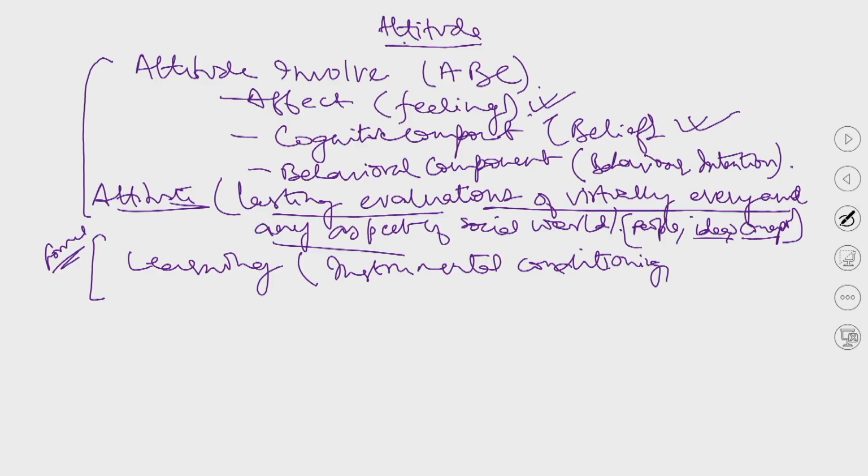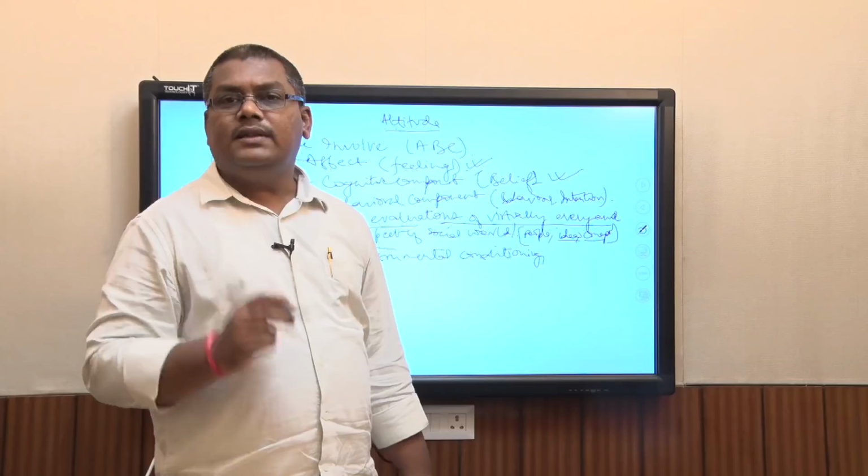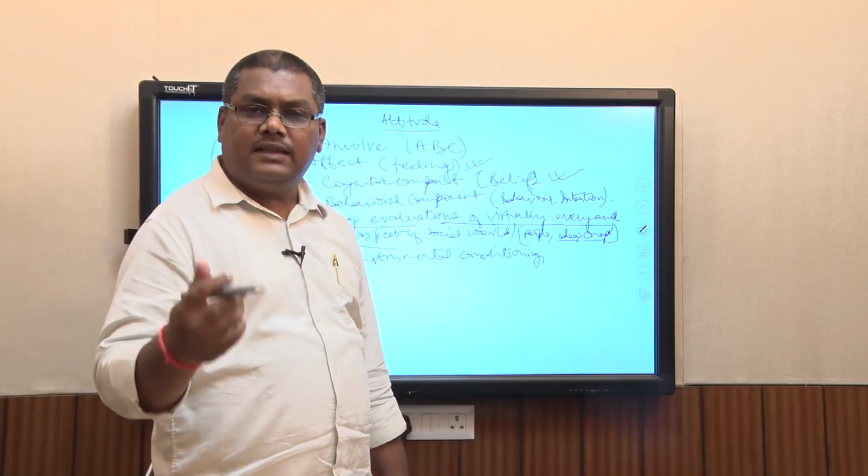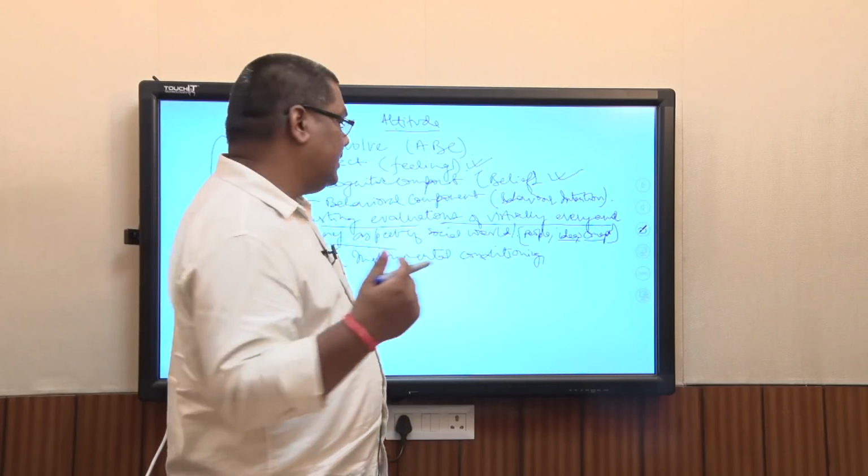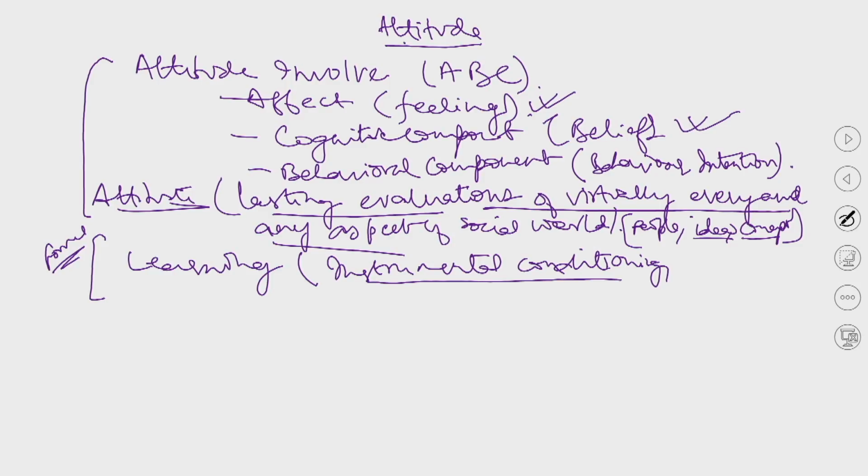In the chapter on learning, we looked at what is instrumental conditioning, what is classical conditioning, and we also looked at observational learning. So, generally speaking, attitude is formed through instrumental conditioning and observational learning.